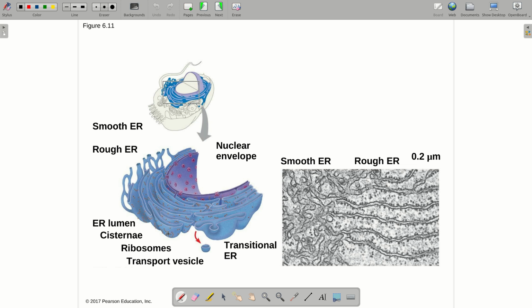So the ribosomes are to different places. It might be an organelle.